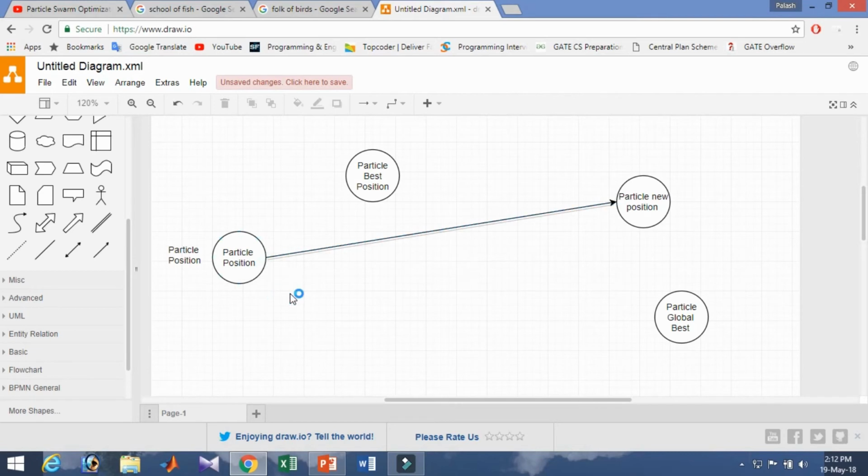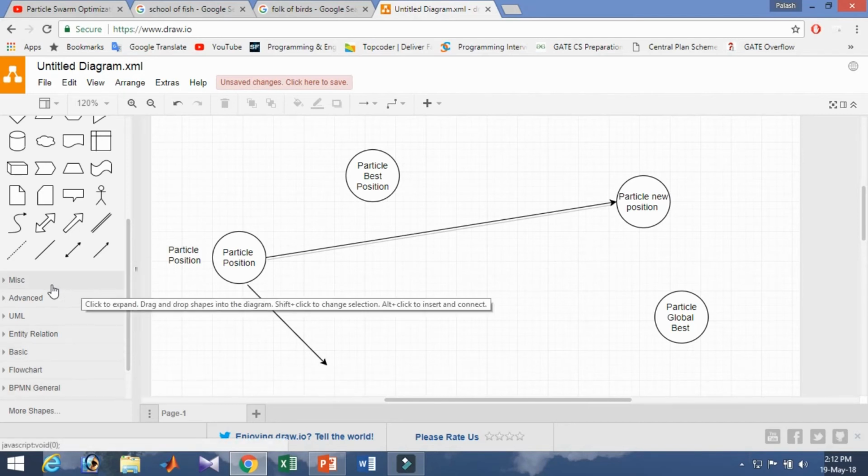Okay, this is true, and each particle has its velocity. Suppose the particle velocity is in this direction. Maybe it is possible the particle is moving in that direction, with average velocity in these directions.